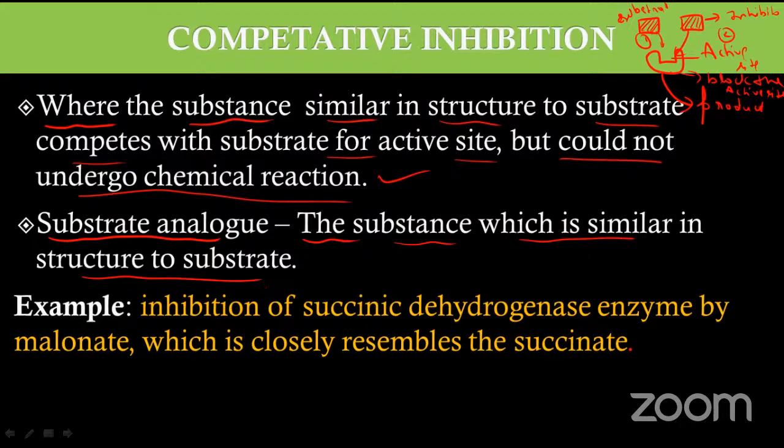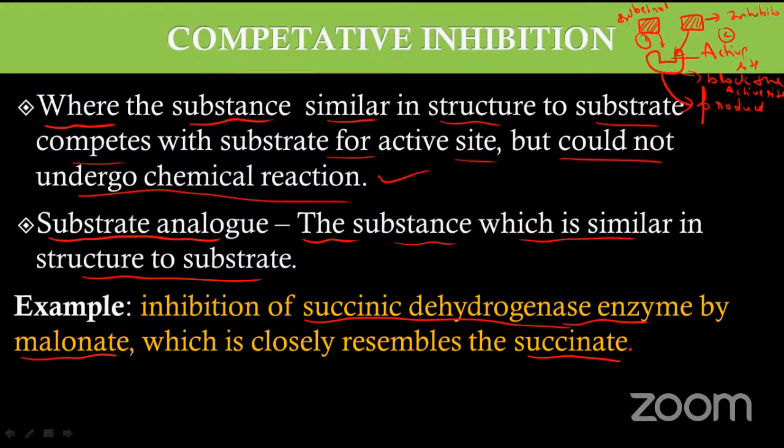In that you have studied the enzyme succinate dehydrogenase. The substrate for the succinate dehydrogenase enzyme is succinate. But there is another inhibitor, malonate. Malonate looks similar to succinate. It will come and bind to the active site of the succinate dehydrogenase enzyme.